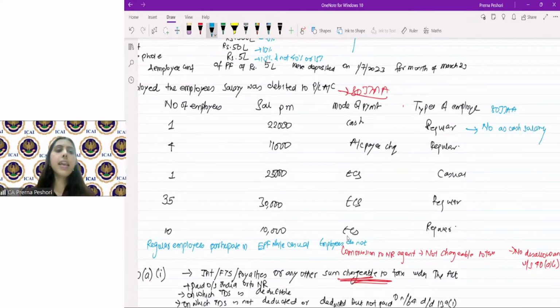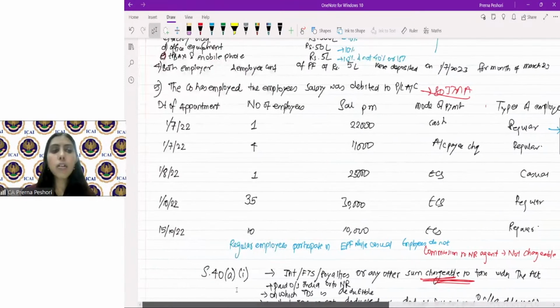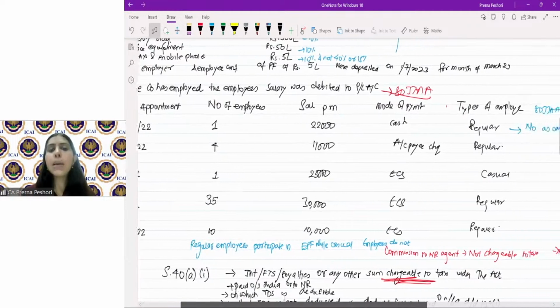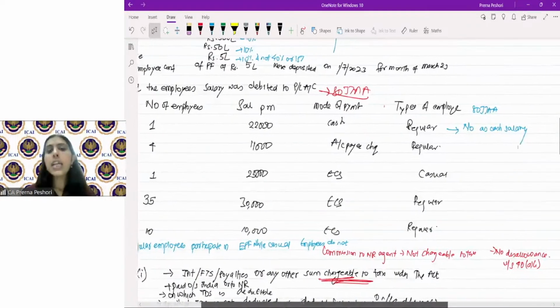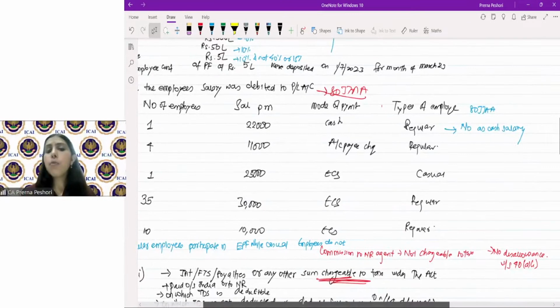Okay. Next, the employee is hired on 1/7/22. 4 employees. Salary per month is 11,000. The salary is paid by account payee cheque and he's a regular employee.